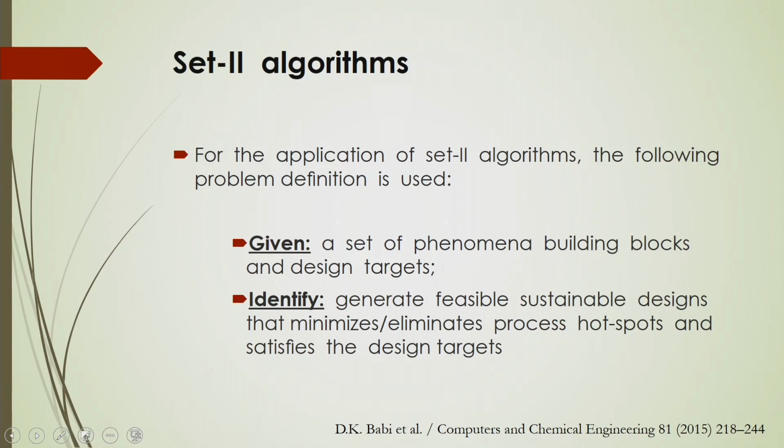So, as per set 1, set 2 will also have this given and identification. As per given, you have a set of phenomena building blocks and design targets to be considered, and for identification you have to generate the feasible sustainable design that minimizes or eliminates the process hotspots and also satisfies the targets of your design.